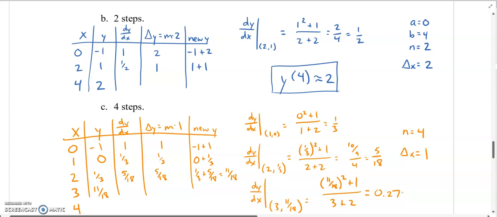0.27, we'll say 47. Okay, so I'll put that as the slope here, 0.27-ish. Multiply that by our delta x value of 1. And then we're going to go ahead and take our old y value and we're going to add that decimal.